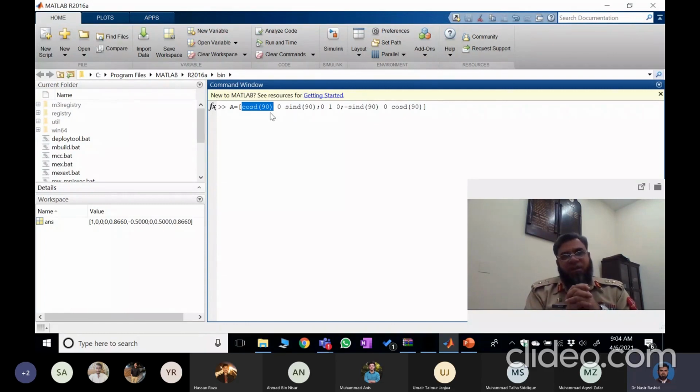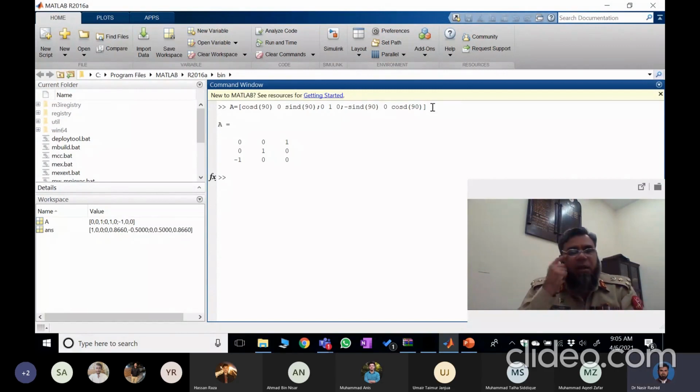And if we are dealing in degrees, which normally we would do, this would be the command cosd(90). If I look at this now, the matrix A is going to look like this, and this is the rotation about the y-axis.